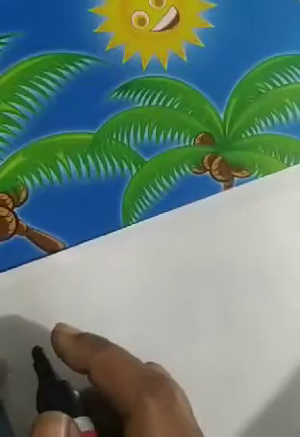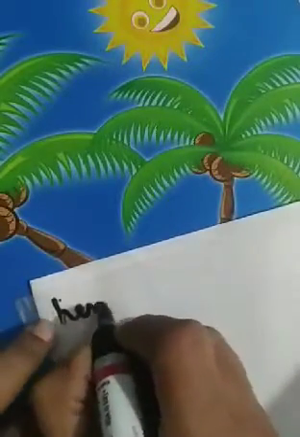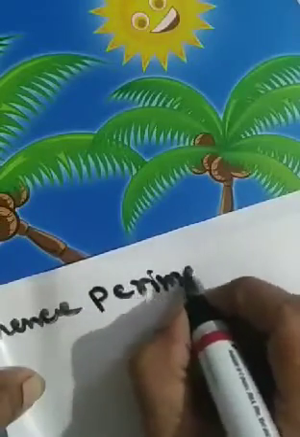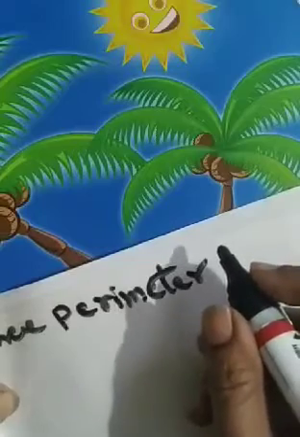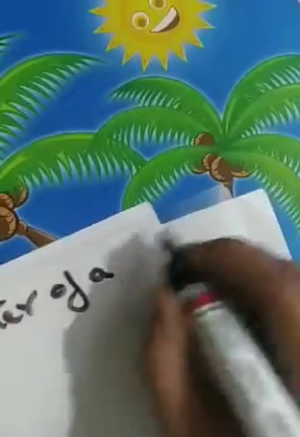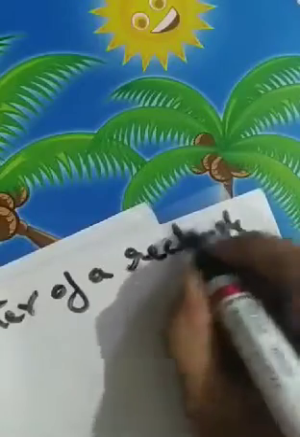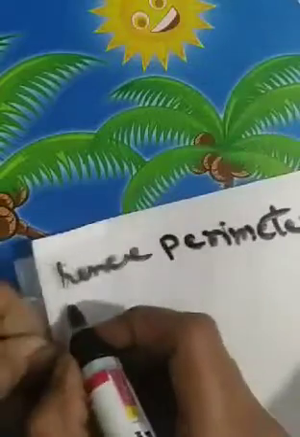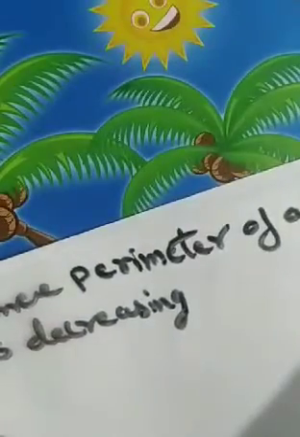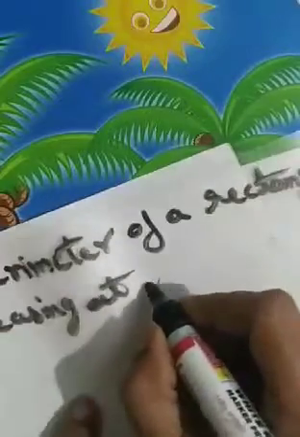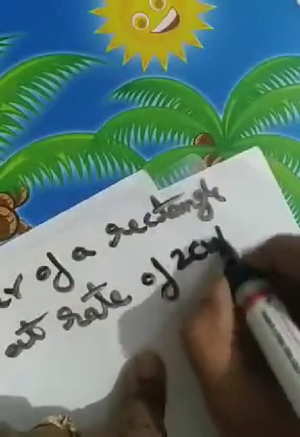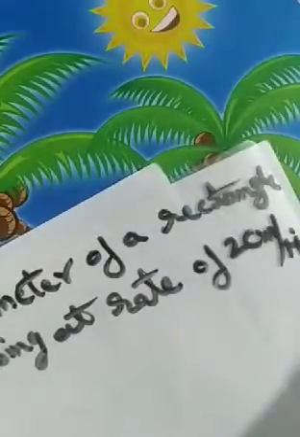So what will you write? Hence perimeter of a rectangle is decreasing at the rate of 2 centimeter per minute. Why have we not put the negative?